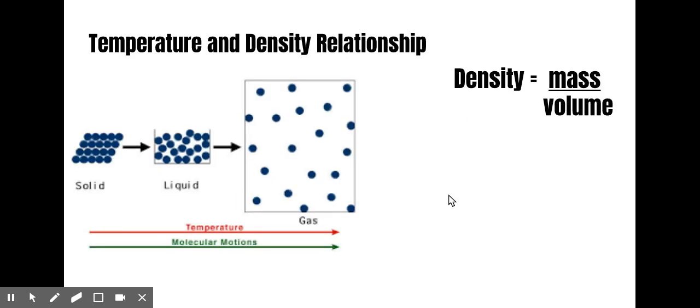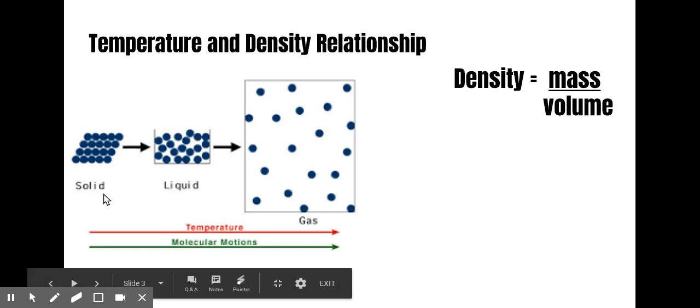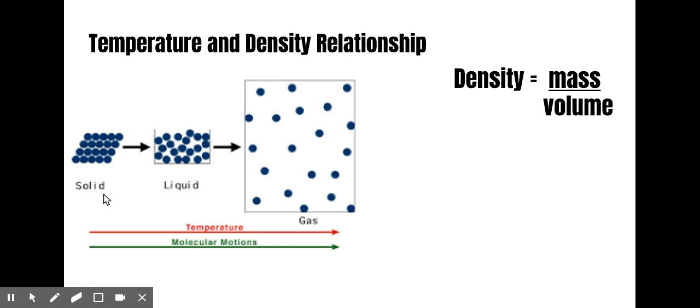Now, density is a little bit different when we're talking about the relationship, because there are two different ways we can talk about this. And it's not hard. It's just a matter of reasoning your way through. Density is the compactness of particles. If we look at solids, liquids, and gases, it's obvious that solids are more compact. There are more of them in a given space.